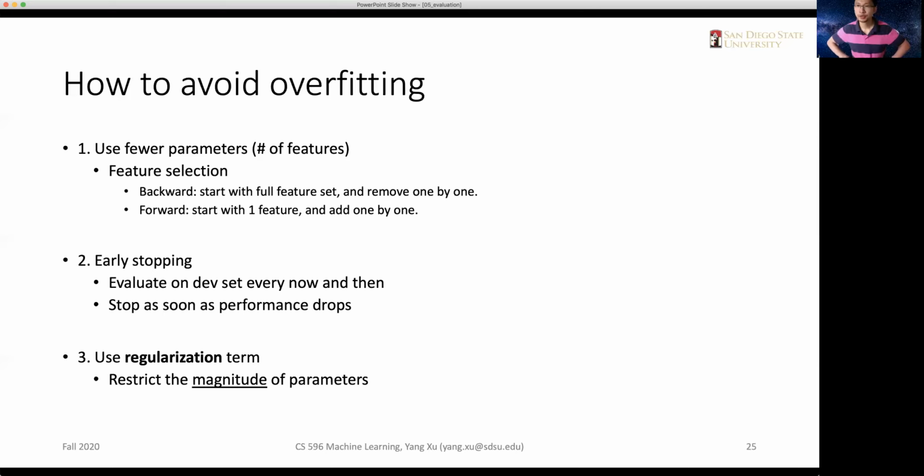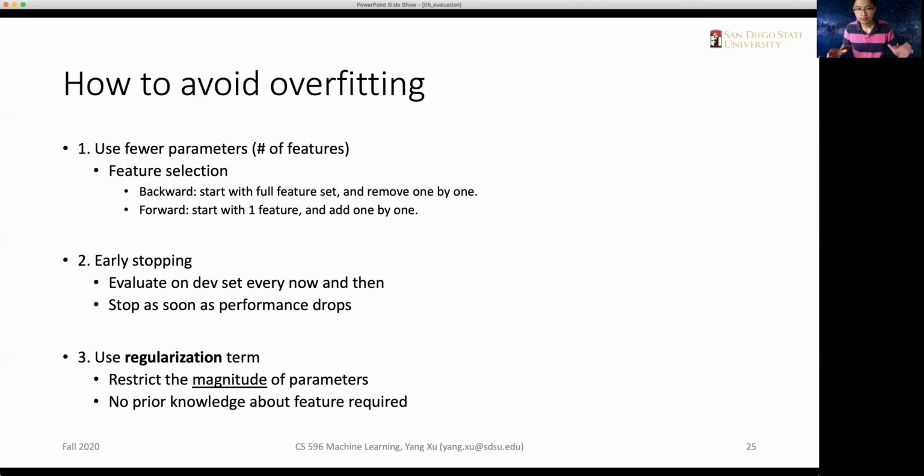So the general principle is that we want to restrict the magnitude of parameters. We want the parameters to not have such big values, because higher values of parameters is an indicator of overfitting, okay?